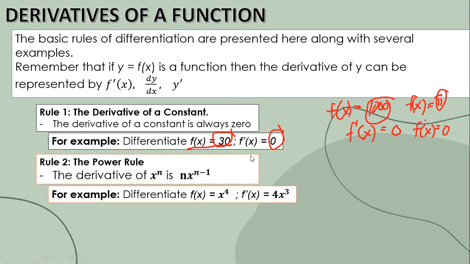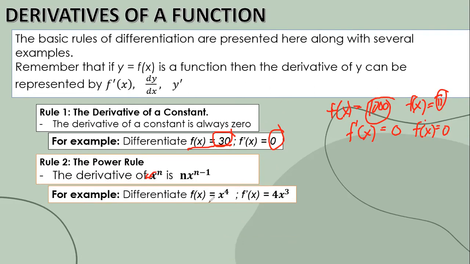For rule number 2, ito yung na-try natin kanina. That is called the power rule. For the derivative of x raised to n, x tapos naka-raise siya sa any exponent, that is n times x raised to n minus 1. Okay, again, bumababa, imagine natin, bumababa yung n or yung exponent, tapos namaminusan ng 1.